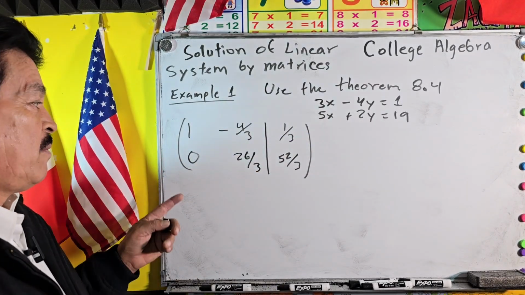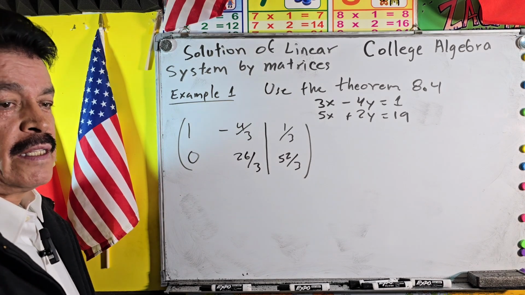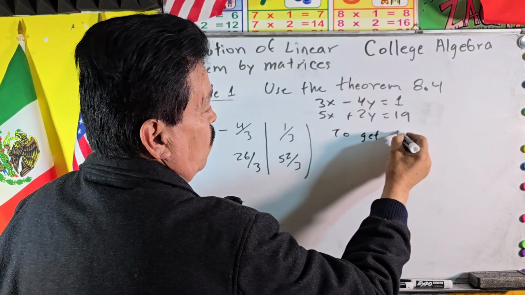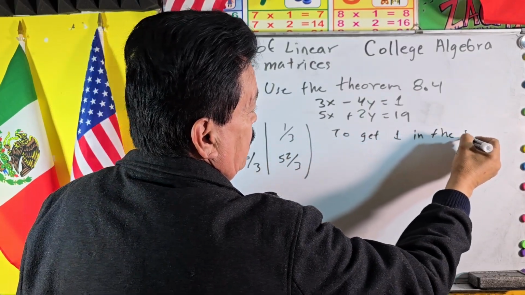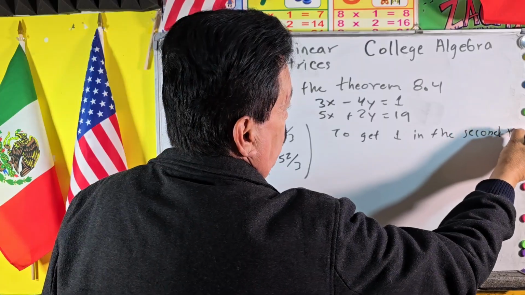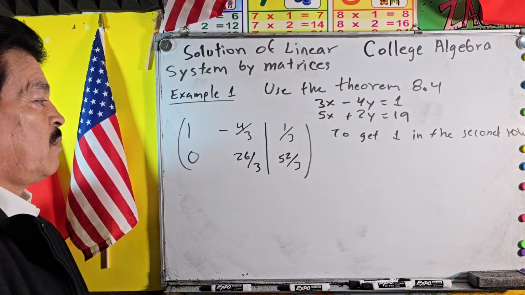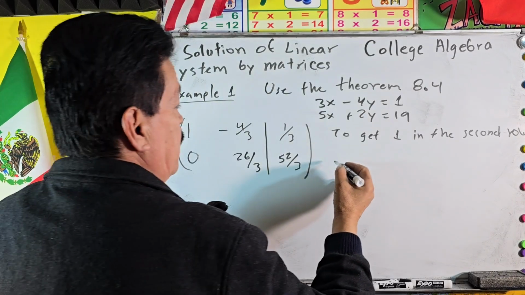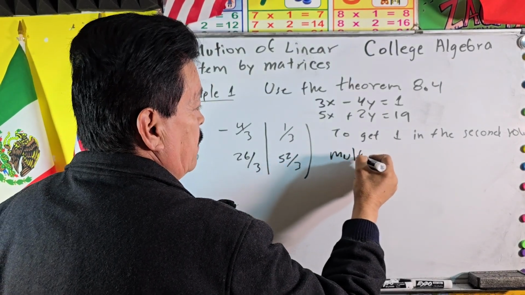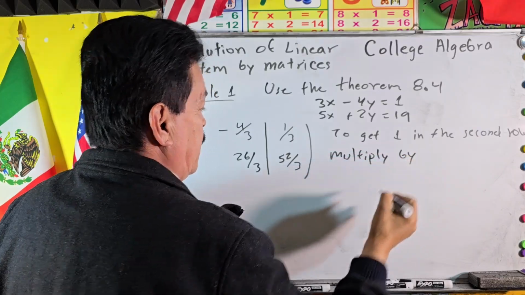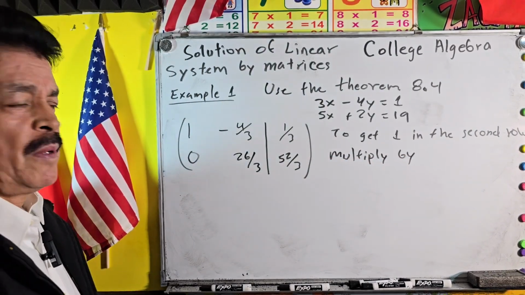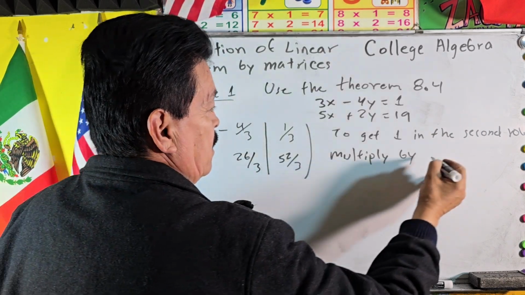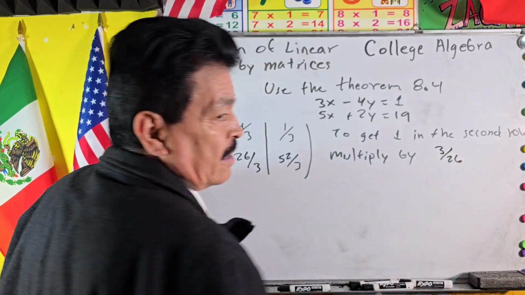So we are here. Now to get 1 in the second row, right here in this corner, we have to multiply by 3, 326, right? 326.